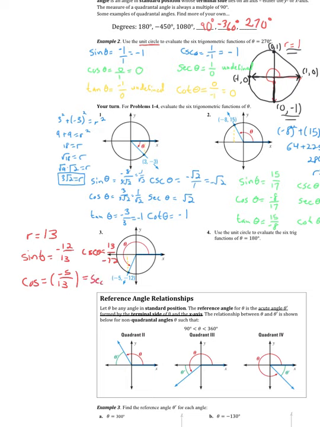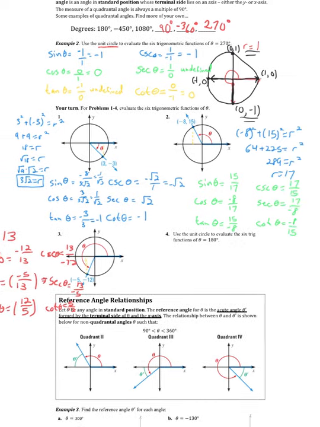So it means secant is going to be 13 over -5. And I did not do a great job of leaving us a lot of room here. The last one, tangent, is going to be 12/5, just because they're both negative. And that means cotangent is going to be 5/12. Okay. So I did not leave a lot of room on that one.